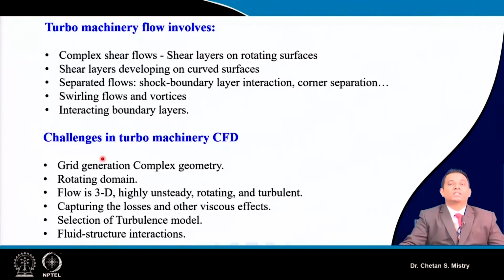So all this comes in as a challenge. The analysis of turbomachines, or CFD analysis of an axial flow compressor, is a very challenging aspect.